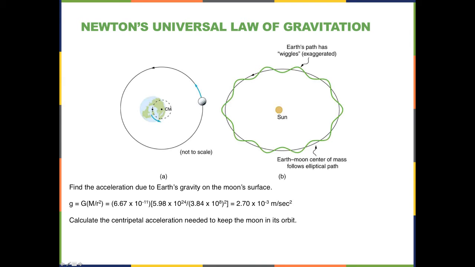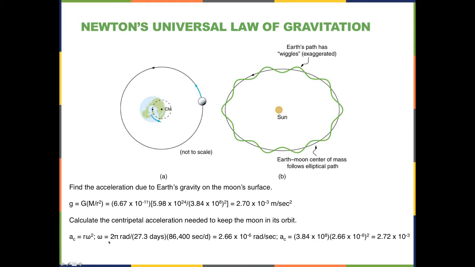Now you can calculate, so that's the gravitational force that's drawing the moon towards the Earth. So what's the centripetal force needed, or acceleration needed, to keep it in orbit to counterbalance that gravitational pull? Gravitational acceleration is equal to the radius times omega squared.